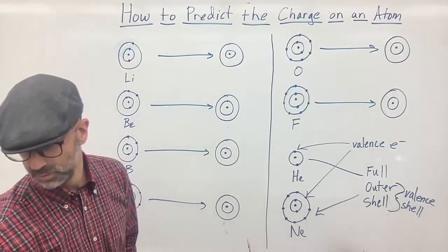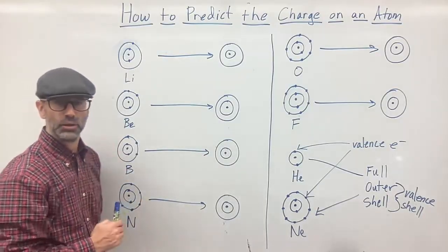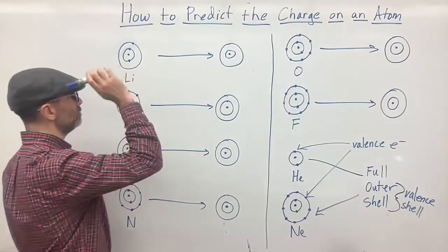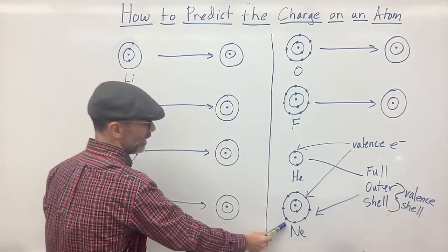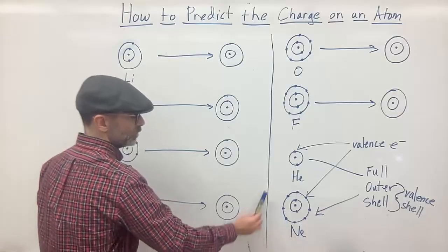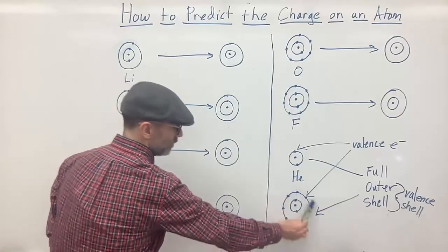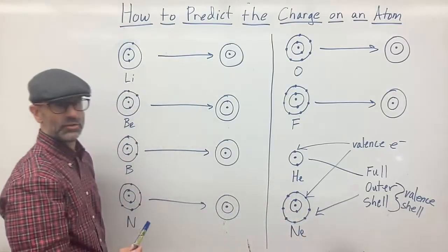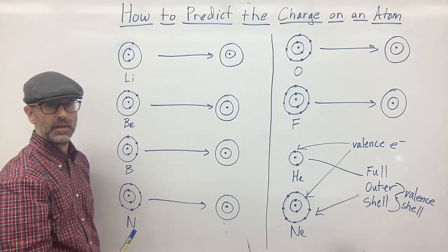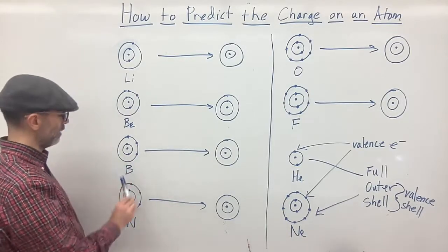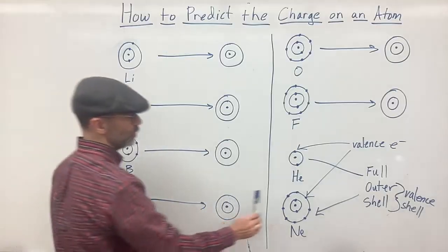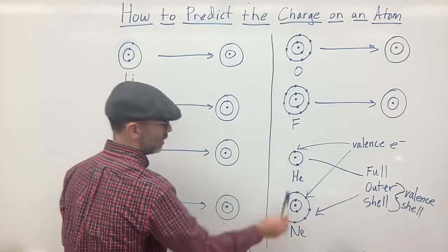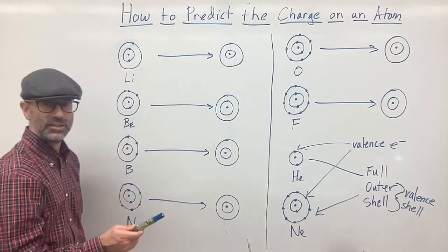Let me look. Sodium. My bad, sodium. So sodium would be next after neon. And so you add an electron. Where is it going to go? If this is full, where is that electron going to go? It would go to another shell. So you would have to add another third shell to it. So you add a third shell around here, that electron will go in that shell, and so on.